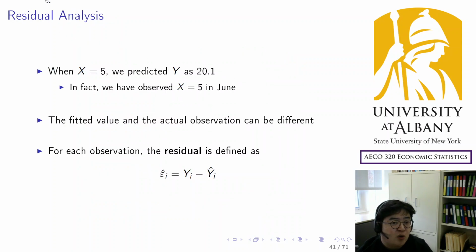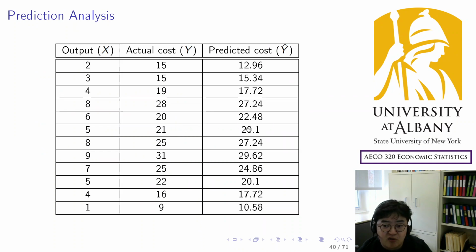I will call that the residual. When you assume x equals 5, your prediction was 20.1, but actually our observation was 21, right? So the difference is 0.9. The actual cost is 0.9 above the predicted cost.